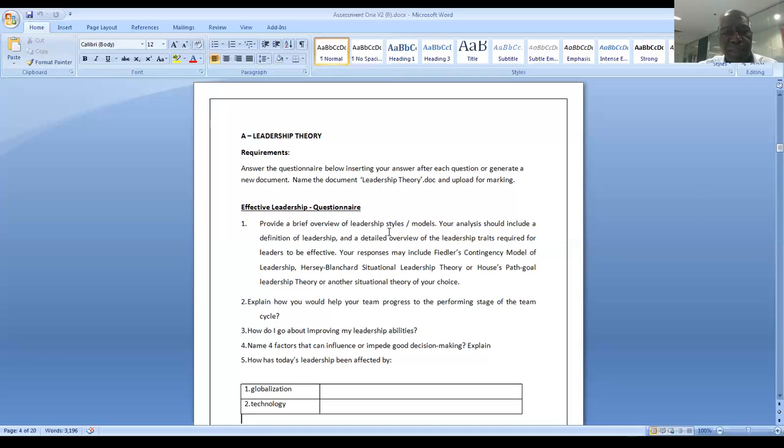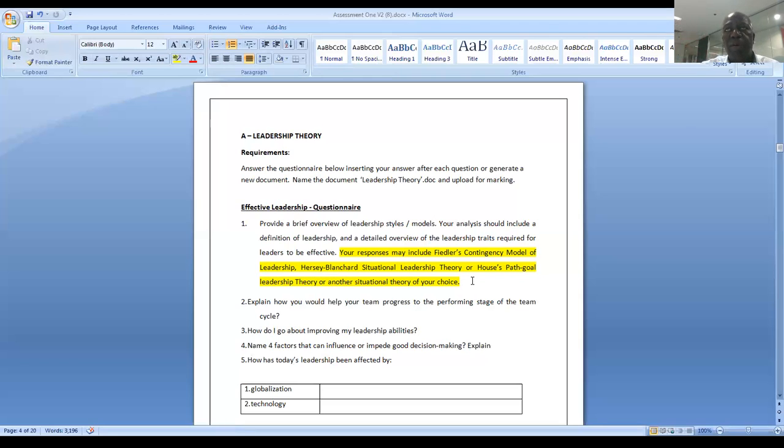In this assessment, I'll underline your responses for your own benefit, so that you are aware of what will be expected. Your responses may include Fiedler's contingency model of leadership. You definitely have to bring in the model of leadership by Fiedler, and Hersey-Blanchard situational leadership theory, or House's path-goal leadership theory, or another theory.